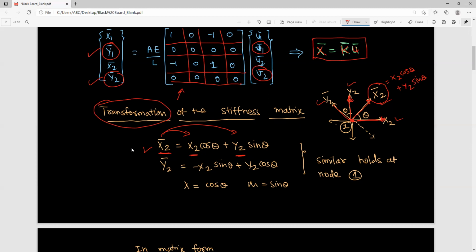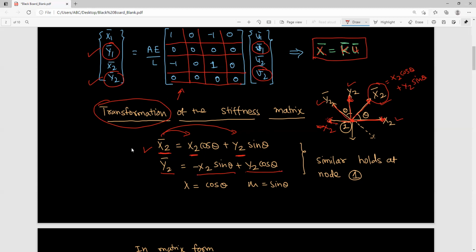So let us write y2 bar as a combination of y2 cos theta and also minus x2 in this direction, whose sine component can be resolved here. That is, y2 bar is a combination of minus x2 sin theta plus y2 cos theta. Let us define lambda as cos theta and mu as sin theta.